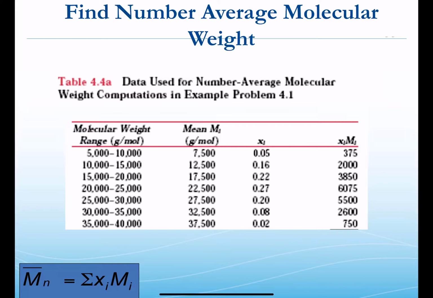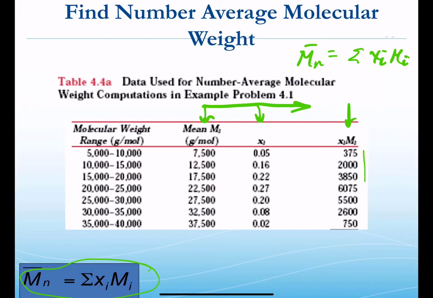And so there that is, xi times mi, and we have the outcome of simply multiplying this column times that column to give this. Okay. And then, to determine the number average molecular weight, we have to sum up all of those values. So sum up xi and mi values. Okay, so we see that reflected right here, of course.